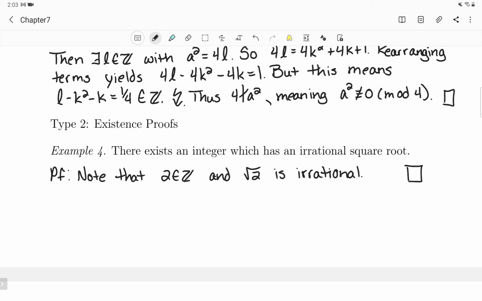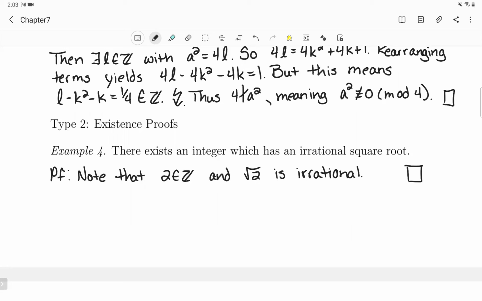So good question. This is a pretty commonly known fact, so you normally wouldn't reference back. But if you are referencing back to something that is less commonly known, or you feel like your audience is not going to be with you, you can definitely say, and by example 5 from chapter 6 notes, square root of 2 is irrational, or whatever.